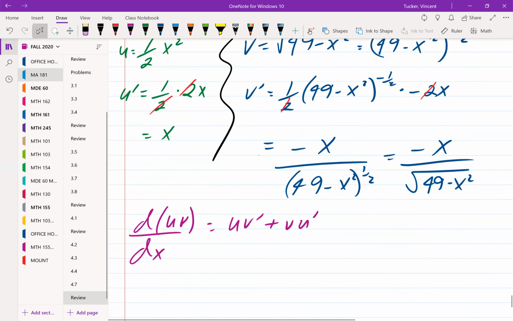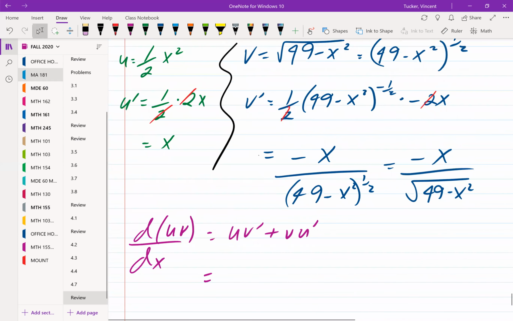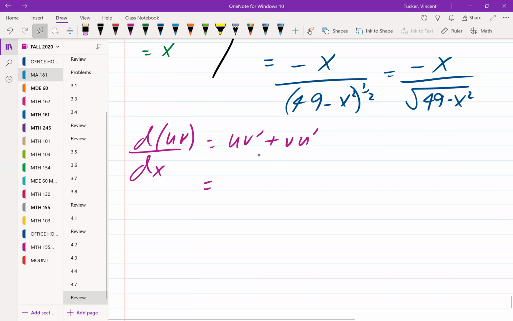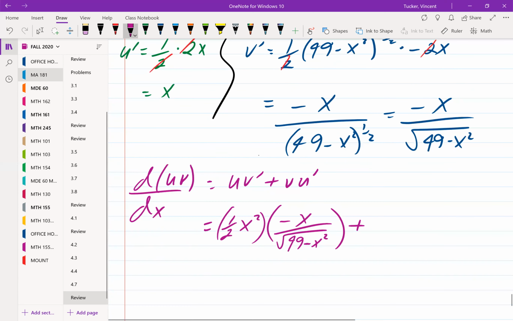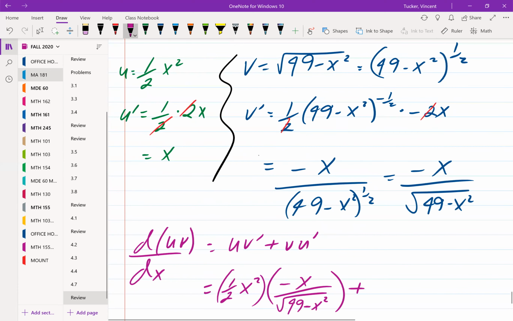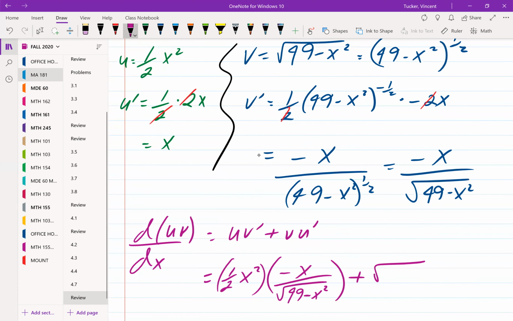So u is 1/2 x squared times v prime, which is negative x over the square root of 49 minus x squared, plus v, which is the square root of 49 minus x squared, times u prime, which is x.